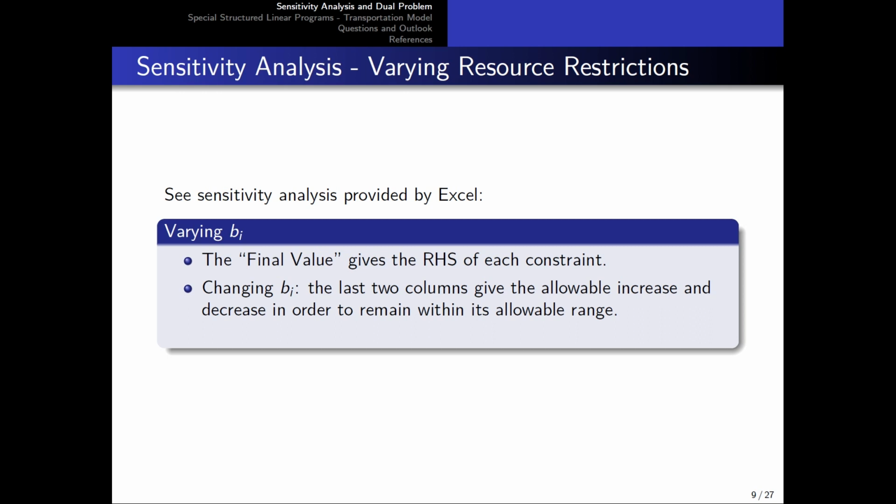The last question is how much we can vary the capacities of our resources and when the basic feasible solution would change. This is given by the final value in Excel, for instance, in the Excel report.